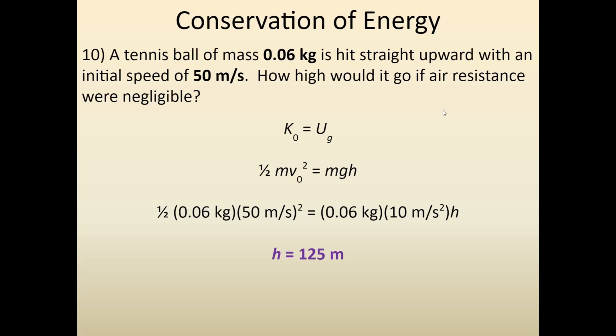There are going to be times where you're going to have a point that could have a combination of kinetic and potential. And a mistake I see people do is they look at this point that has kinetic and potential and they just set those two numbers equal to each other as if that makes any sense. What you do is you look at one point and you look at all the energies it has. You look at another point and look at all of its energies and you set them equal to each other.